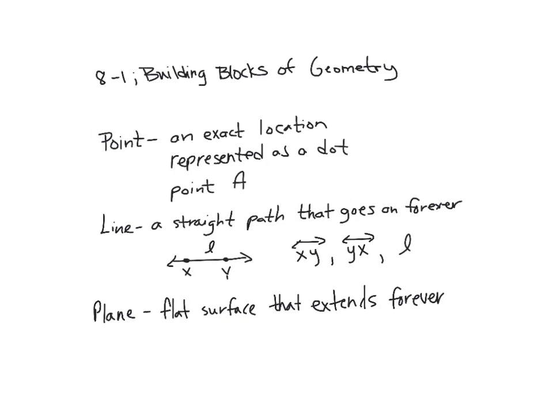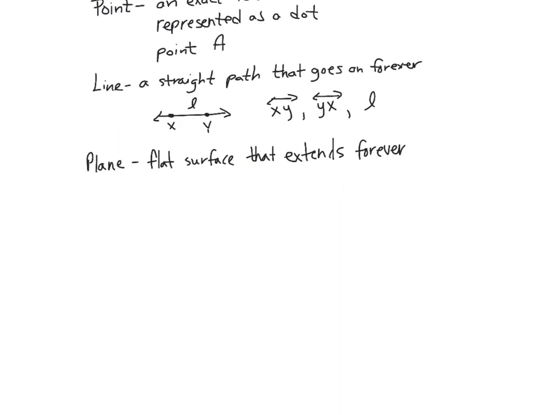A lot of times they will give you the picture of a plane and a parallelogram. Okay, and they will maybe have some different points in there like Q, R, and S. Okay, so that would be plane QRS.